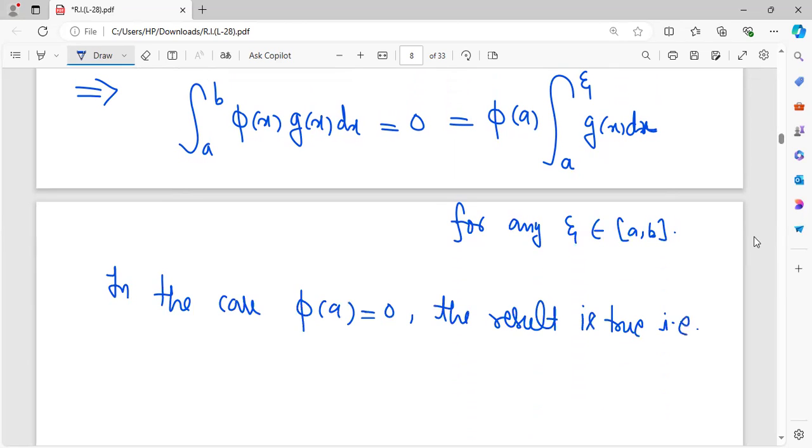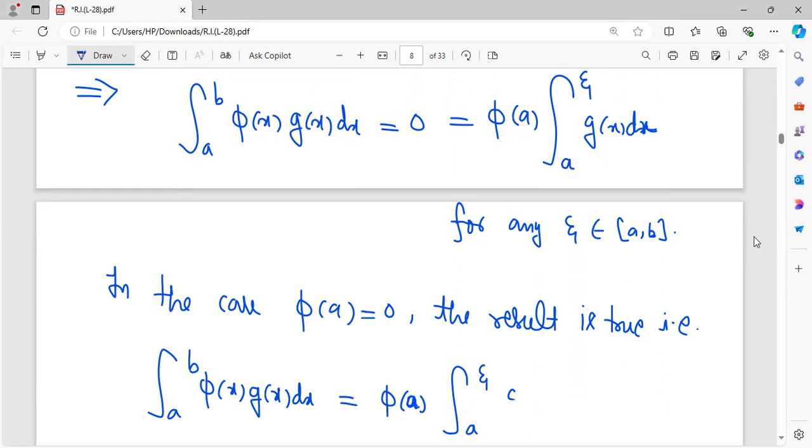It means the integral from a to b of phi(x) g(x) dx is equal to phi(a) times the integral from a to xi of g(x) dx. This result is true; you can take any xi belonging to the closed interval [a,b].